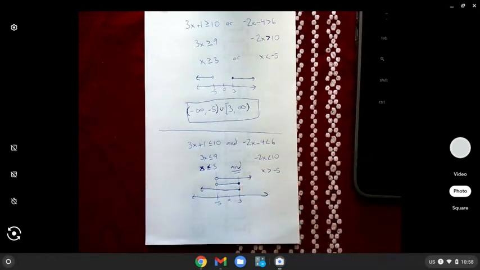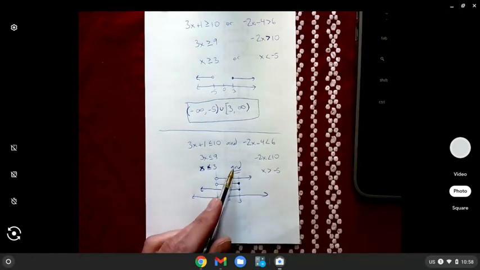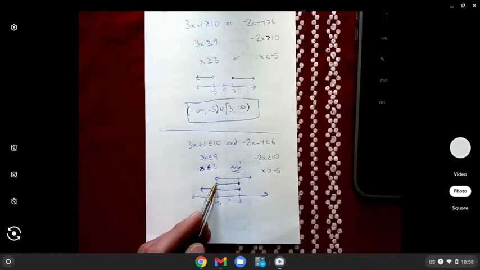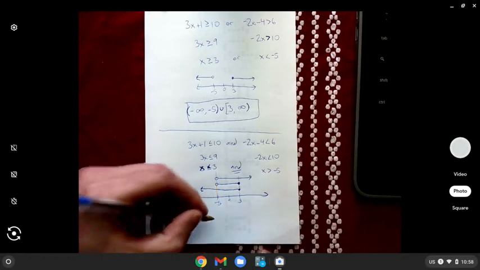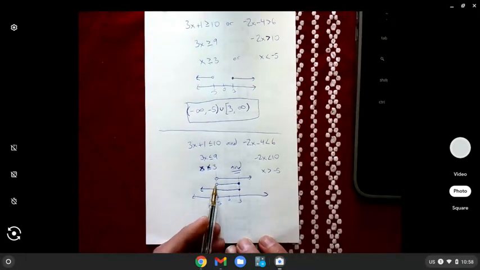For the interval notation, again, I'm reading from left to right, and I'm only looking at this spot where the two graphs overlap, because it's and. So I'm going to start at negative 5, not negative infinity, because this is where they overlap. They overlap, they overlap, they overlap. This is where they stop overlapping, at 3.